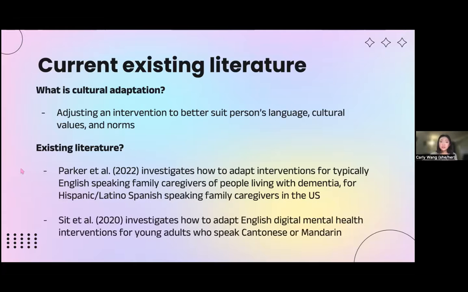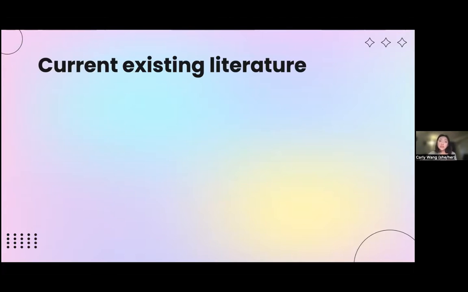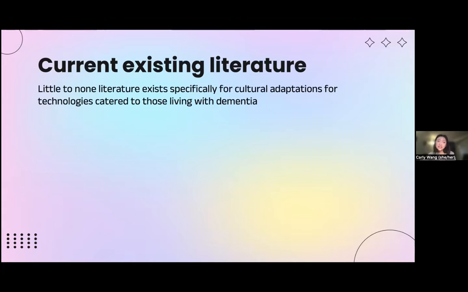So there's a little bit of a gap is what we're trying to say here. And Sit et al. 2020 investigates how to adapt English digital mental health interventions for young adults who speak Cantonese or Mandarin. So basically, little to none literature exists specifically for cultural adaptations for technologies catered to those living with dementia. So specifically, technologies catered for clients living with dementia.